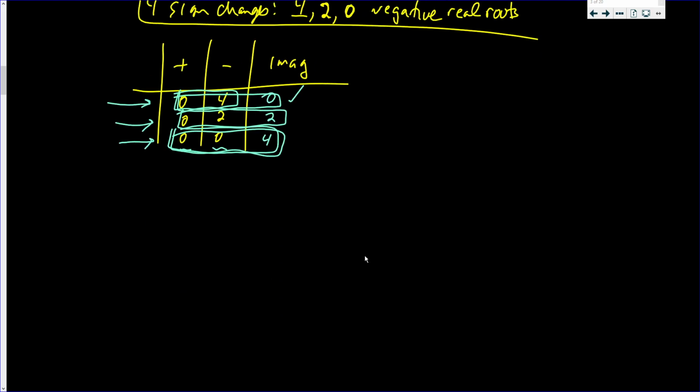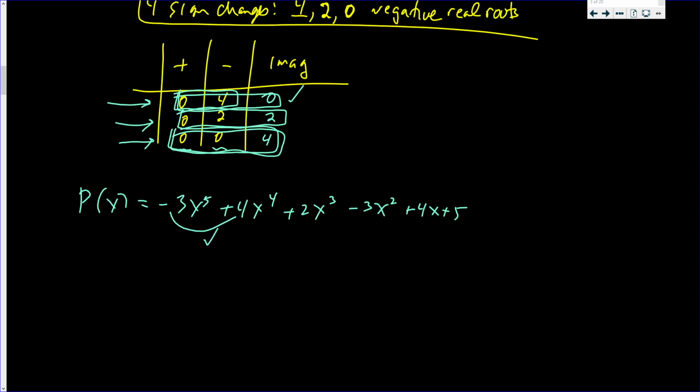Suppose you have the following. Same question. P of x is negative 3x to the 5th plus 4x to the 4th plus 2x cubed minus 3x squared plus 4x plus 5. There's a sign change, no sign change, positive to negative is a sign change, negative to positive is a sign change, and then no sign change.